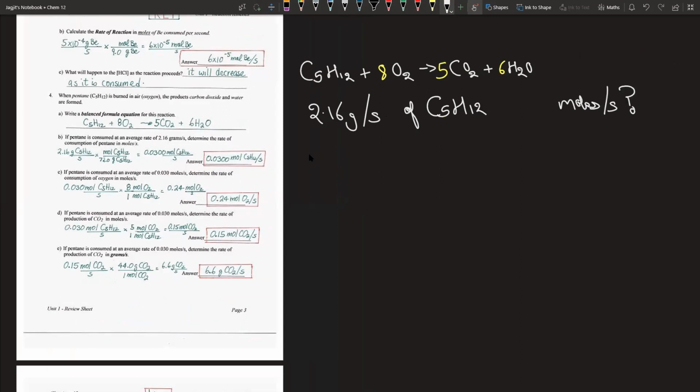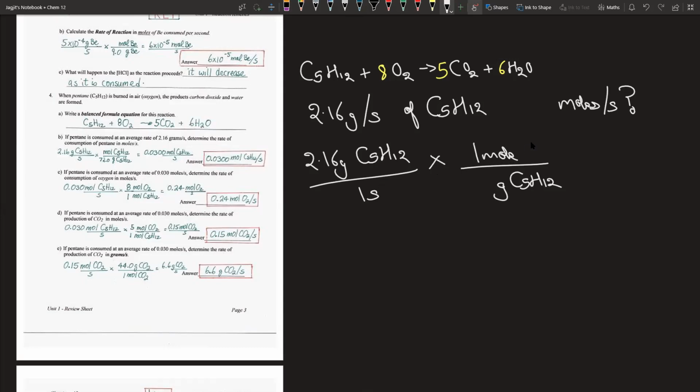So we say, all right. We have 2.16 grams of C5H12 per second, which means this is how much pentane is being used in 1 second. All we have to do is, we have grams at the top, we put grams at the bottom. Then we say 1 mole of C5H12 has how much molar mass? If you look at the periodic table, it will be 72 grams.